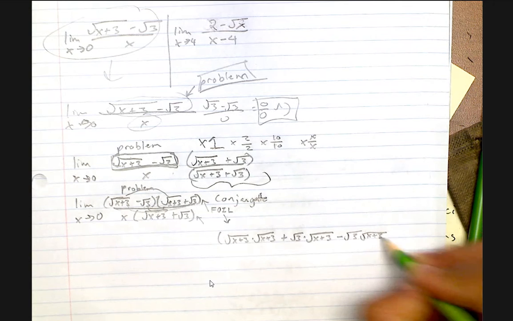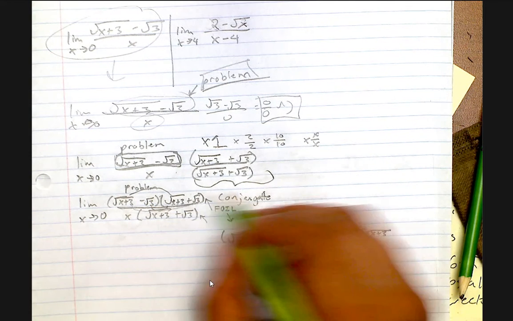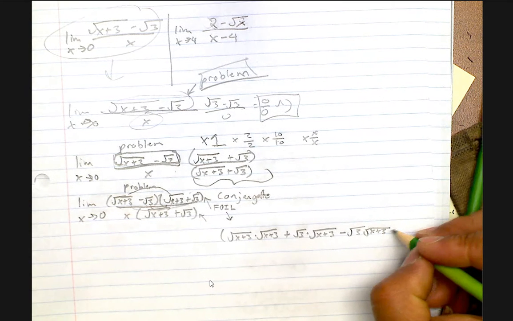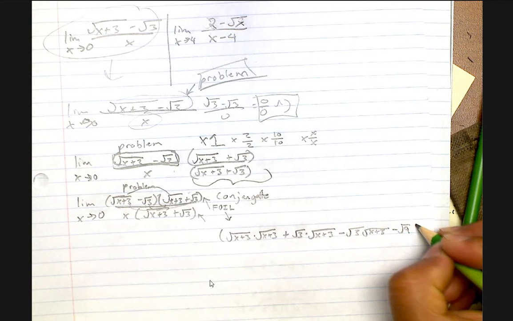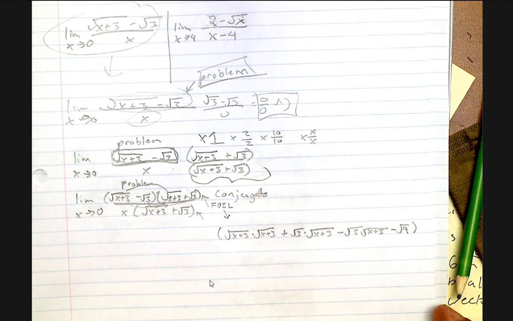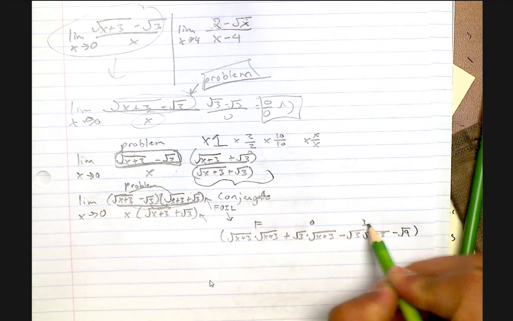And then the last, square root of 3 times negative square root of 3. Let's just make that negative square root of 9, just for simplicity. So first, outer, inner, last.